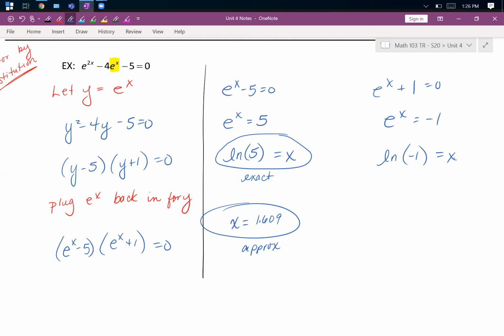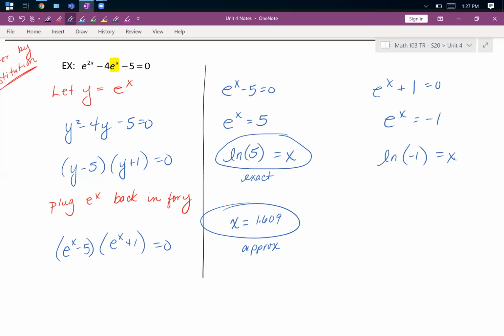Well, do you know anything in general about the argument of a log? That would be a great short answer question on our test that we're having this week. The argument of a log always has to be positive.